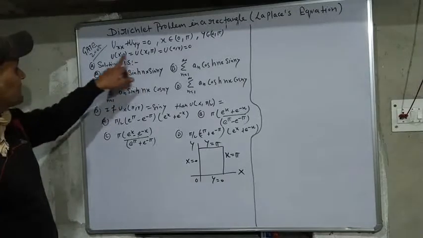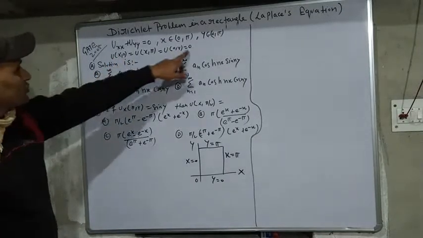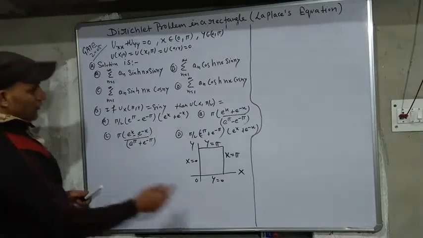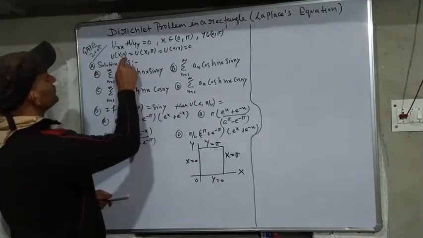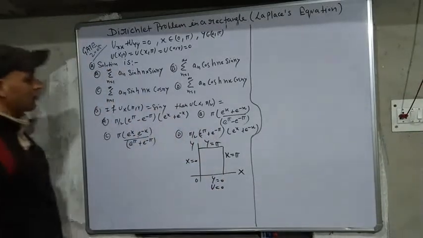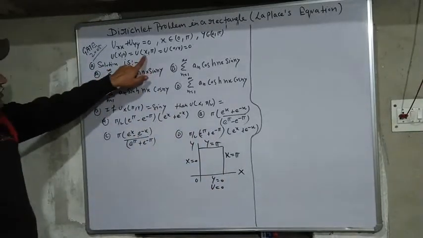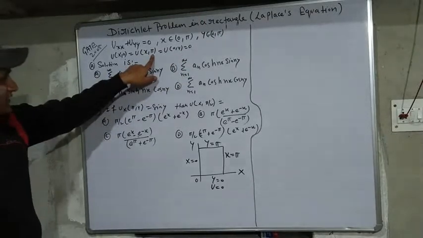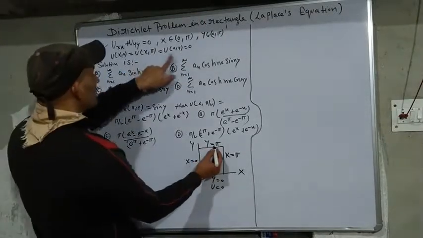So he has given us u(x,0) is equal to 0. It means that when y is equal to 0, then u is equal to 0. Also u(x,pi) is equal to 0, when y is equal to pi, then u is equal to 0.